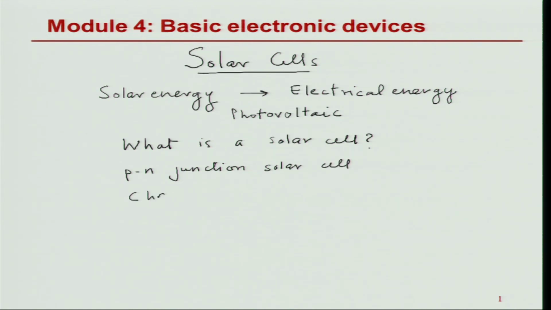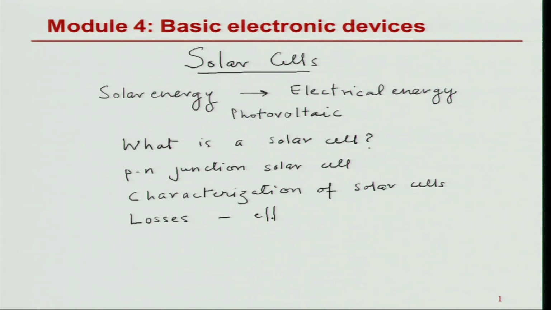After that, we will look at characterization of a solar cell. What are we looking for and how is it related to different material properties? Finally, I will like to list all the losses which limit the efficiency of the solar cell.